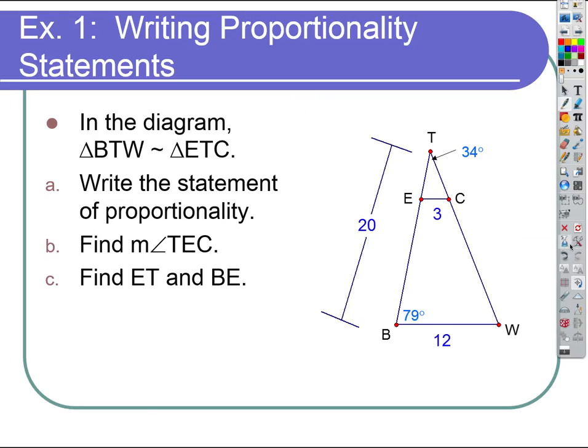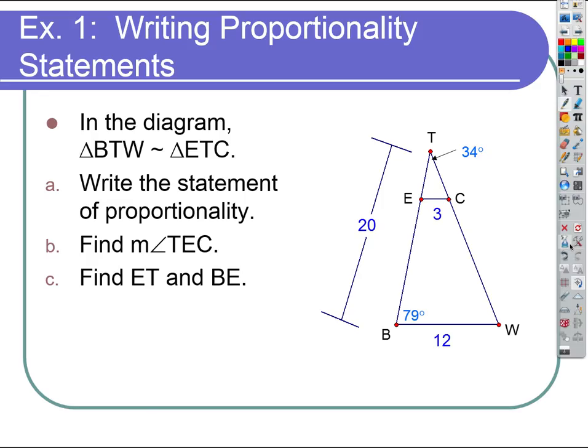Okay. All right, so we want to set up some proportionalities to find some things. First of all, for similar polygons, what do you know about all the angles? The angles are congruent. Their measures are equal, right? So what's going to be the measure of angle TEC?